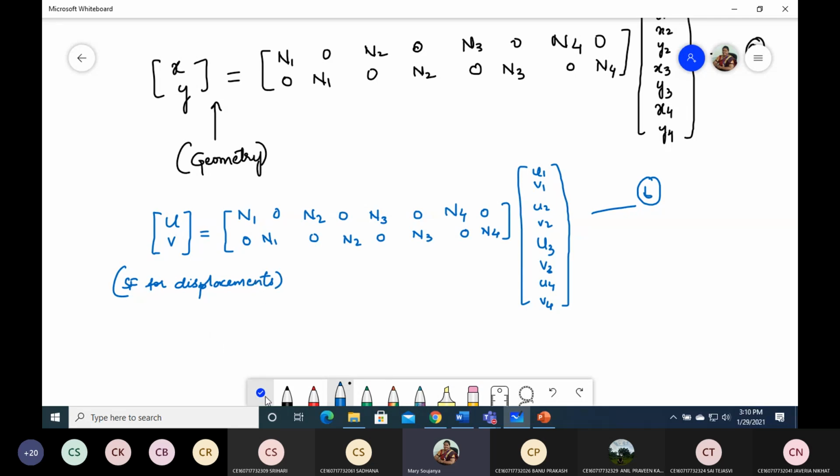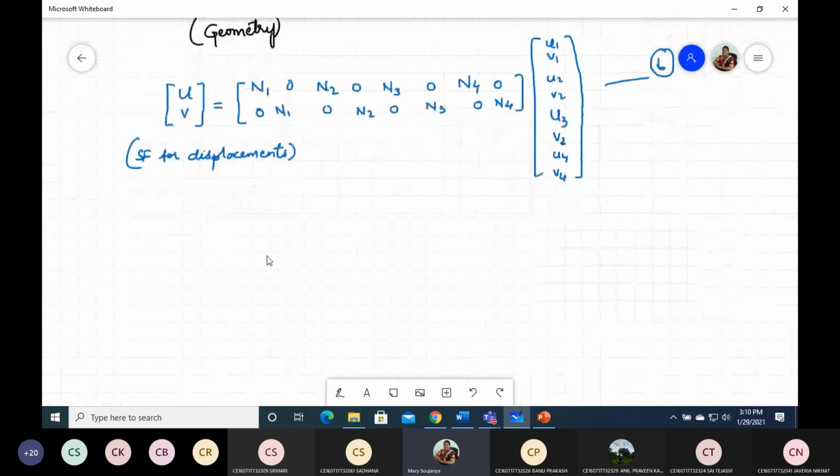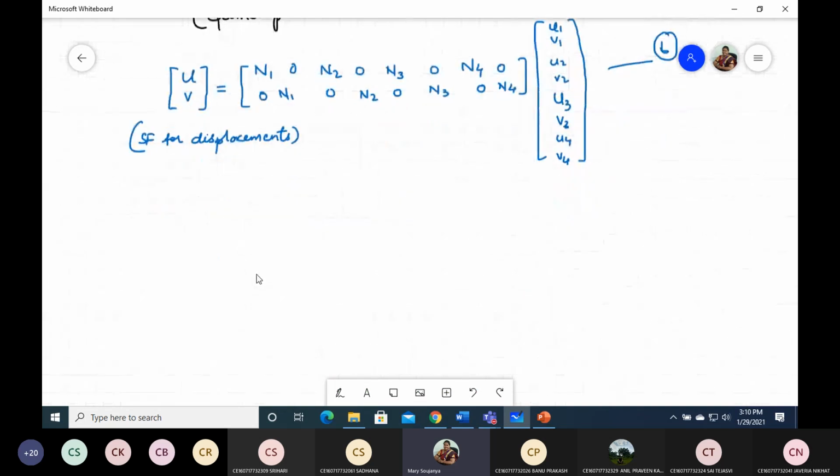Alright. Now for assembling the stiffness matrix, we need derivatives of shape functions. If you remember, we do the partial differentiation of the shape functions to get the value of K. In assembling the stiffness matrix, we need the derivatives of displacements with respect to x comma y, that is the global coordinate system.